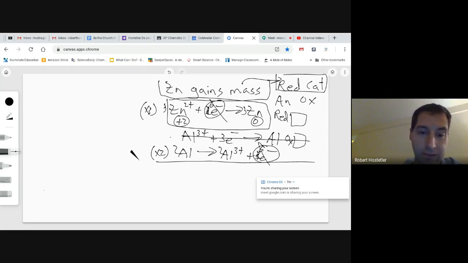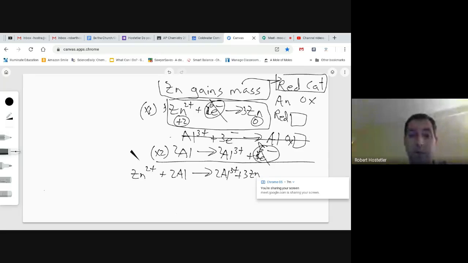You're going to have an ion and a metal on one side, and on the other side it's just switched around. The one that was the metal is now the ion, and vice versa. So we need our 3 zincs here. That's the overall equation for the reaction, no electrons included.